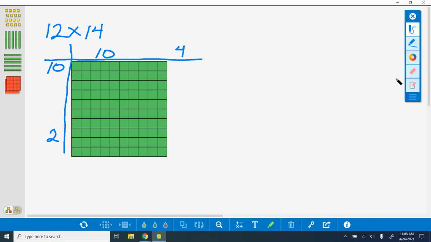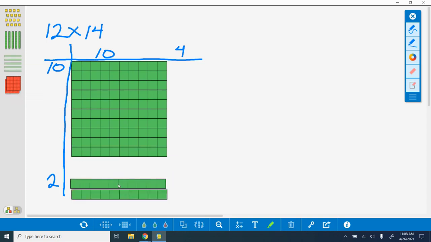All right, and I'm actually going to erase this and bring it down just a little bit. All right, I have 10 groups of 10, and now I also need 2 more groups of 10, and I'm going to bring those down here for a little bit so we can see. There's the 10 groups of 10. Now we have 2 groups of 10, and now I need 10 groups of 4.